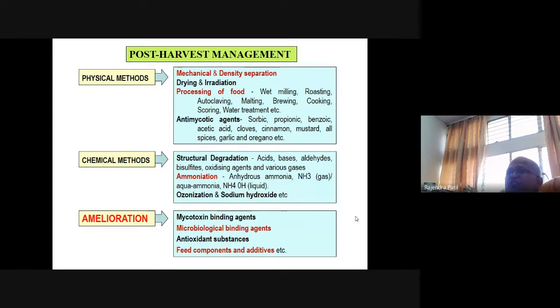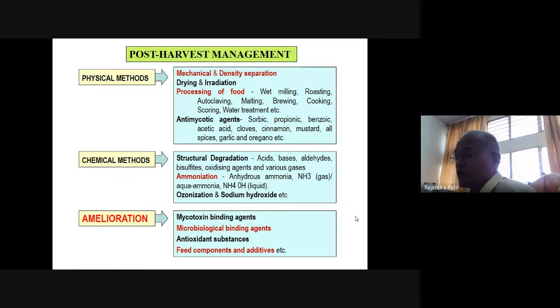A number of ameliorative agents are mainly categorized as mycotoxin binding agents, and even commercial mycotoxin binders are available. Commercial feed prepared by the standard companies adds this mycotoxin binder in their feed, particularly used in poultry or livestock feed. Even microbiological binding agents, antioxidant substances, and feed components and additives.